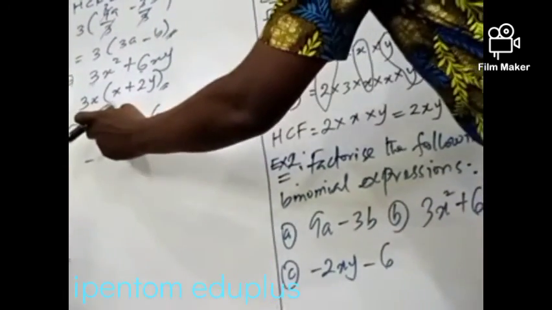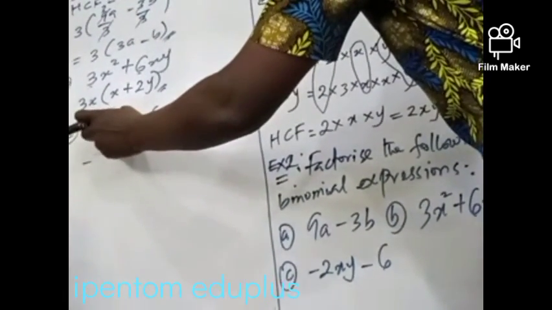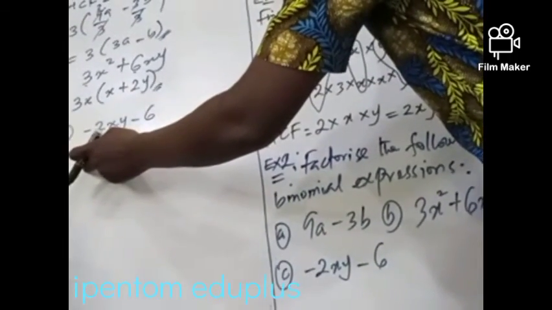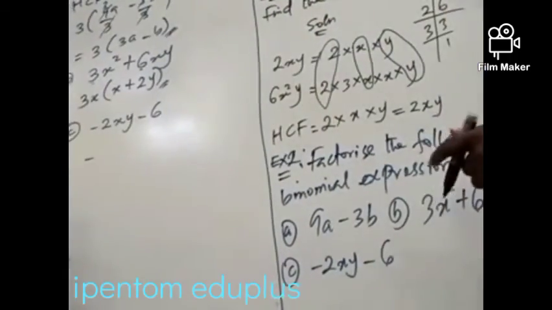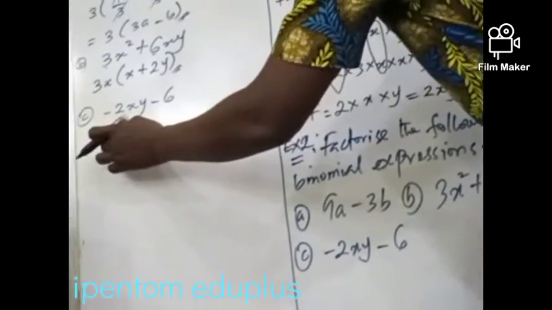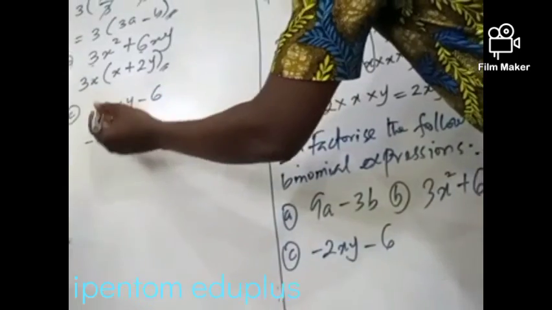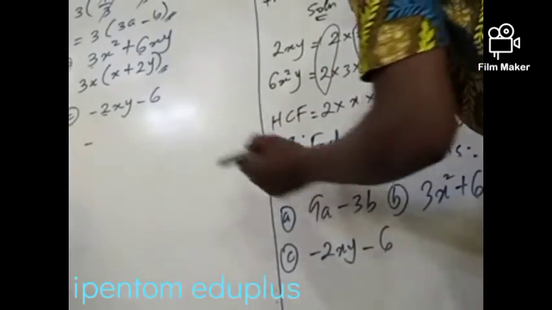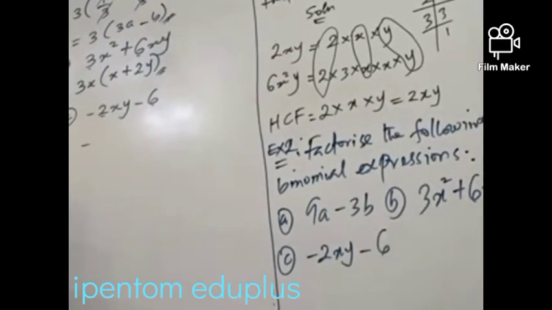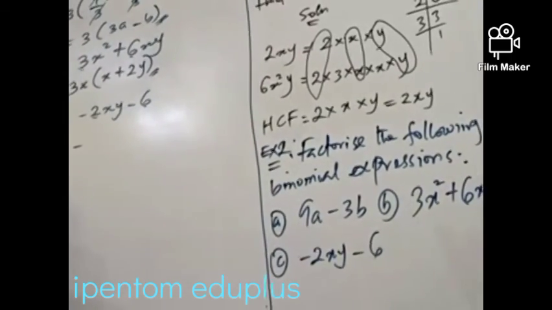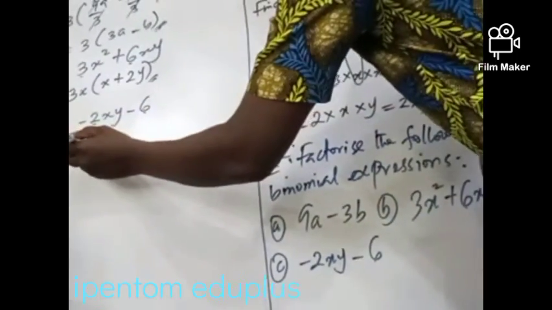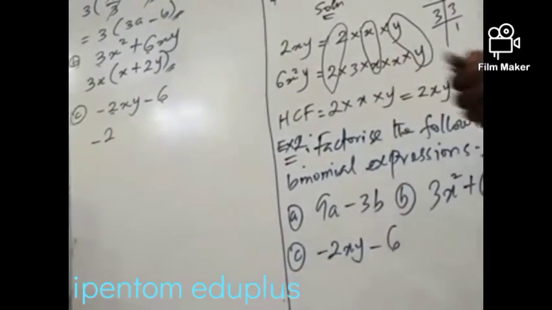If you are having a negative number at the front, you start with minus as the common sign. Now here we have minus, so we write minus. Then the numbers, we have 2 here, we have 6 here. 2 can go in 2, 2 can also go in 6, but 6 cannot go in 2. So we pick 2 as the highest common factor for the numbers.